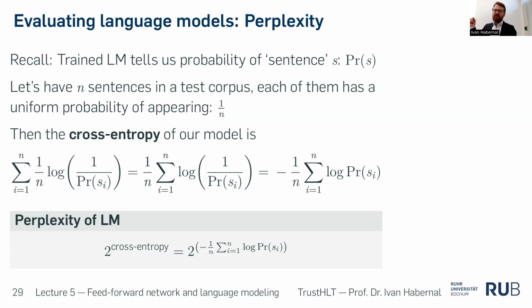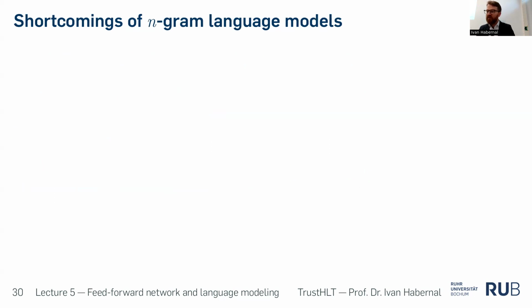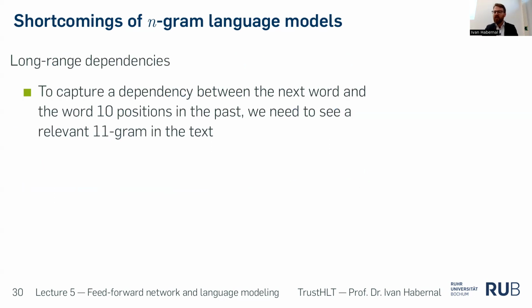Okay, so this is the cross-entropy and the perplexity of a language model. So what are the shortcomings? We talk about n-gram language models. If you have a very long-range dependency, say you need to know something from the very beginning in order to predict the word at the end, and there are 10 tokens in between. What could be the example?